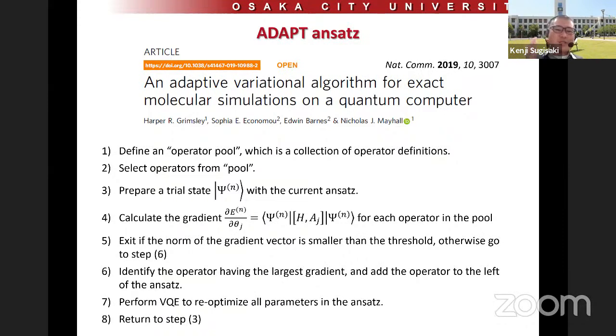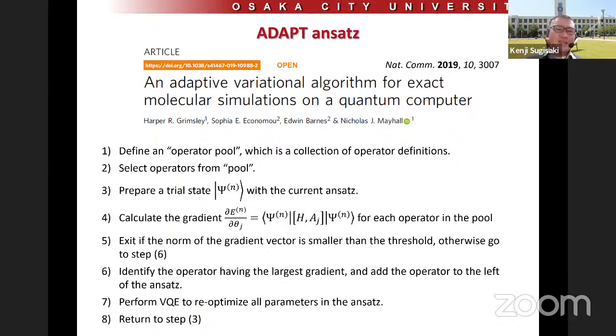But because the ansatz includes only 10 excitation operators, the obtained wave function may be far from the exact wave function. So in order to improve the wave function, we include some additional operator, and then perform another VQE using 11 parameters.